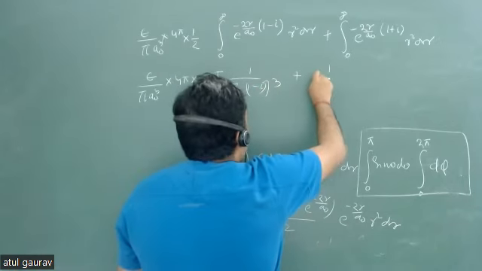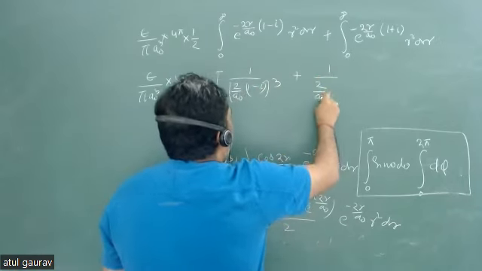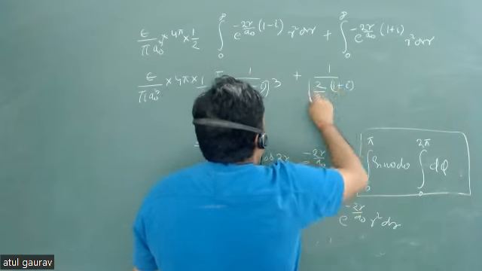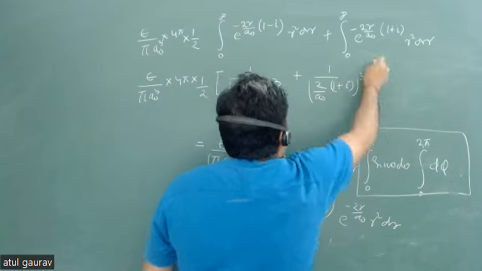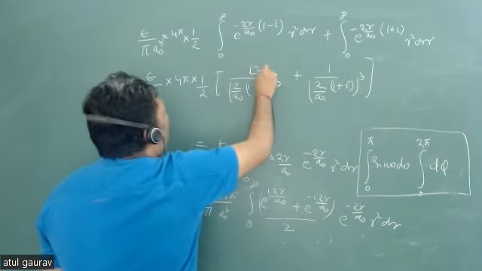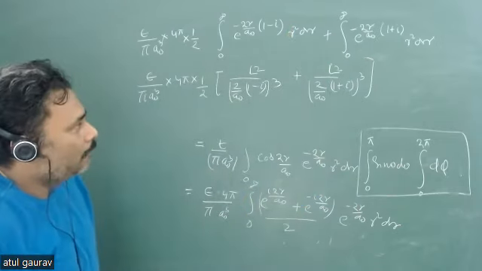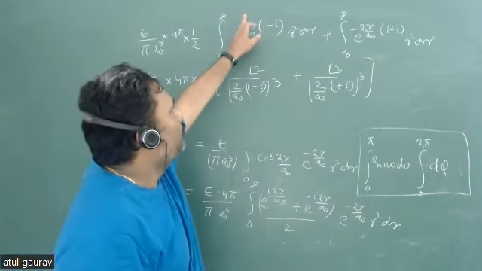That value is 1 upon 2 by a naught 1 plus I whole cube. So this is your integration, and you have factorial 2 everywhere because this is there. So you have to use gamma integral. This whole value is alpha.